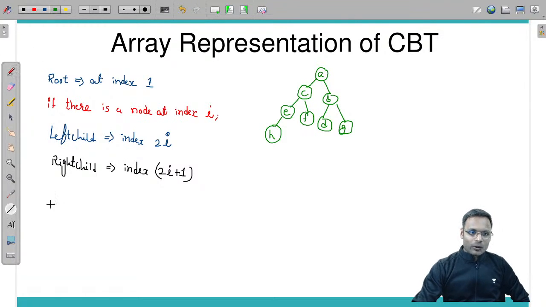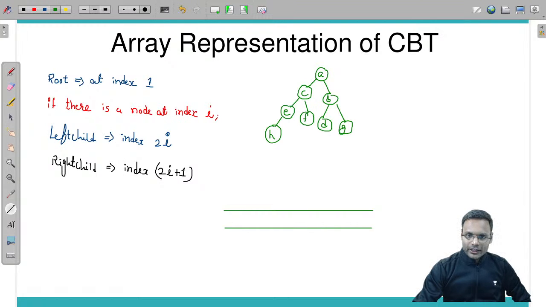Okay, I will have an array. Here it is, the array. In the array, I will store the root at index 1. Right? So at index 1, I will be storing the root, which is A.